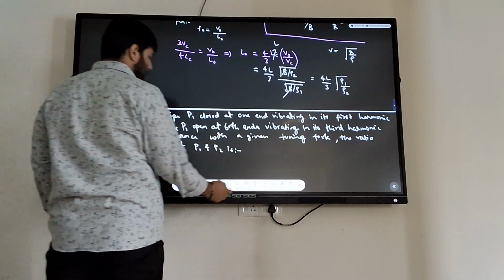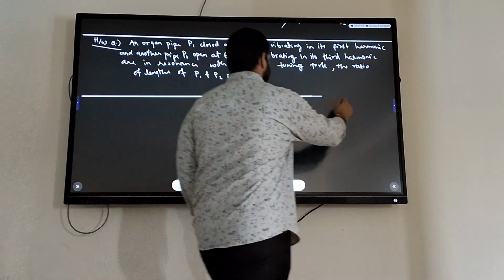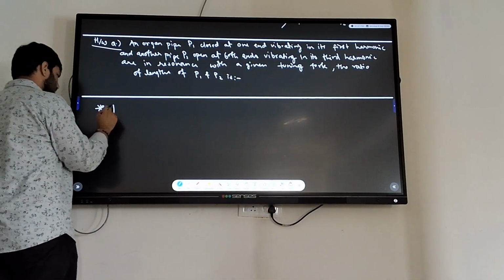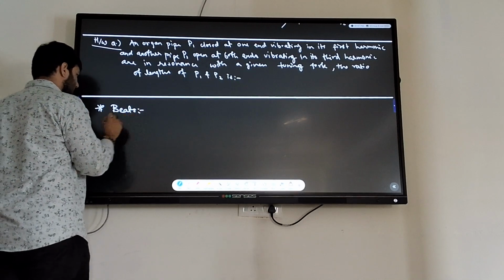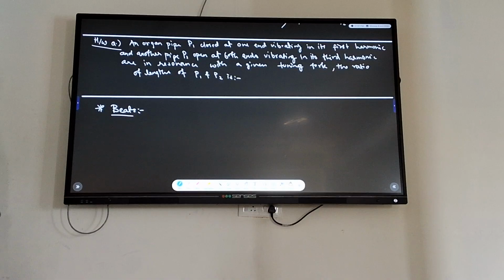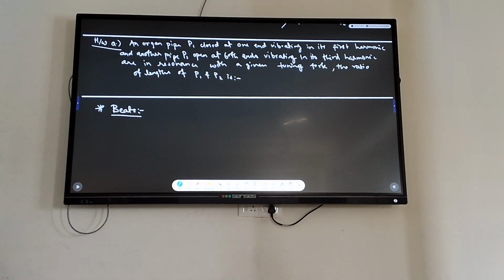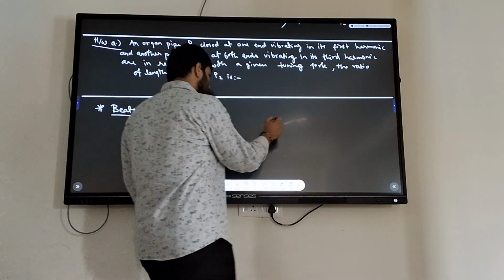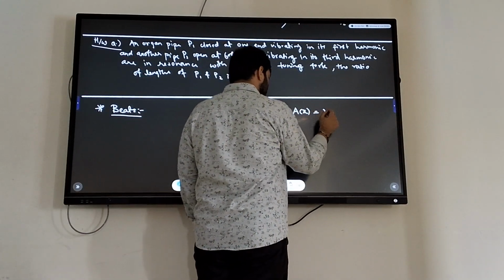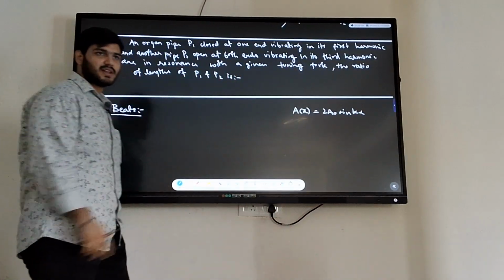Let's start with the new topic, beats. If you remember the amplitude variation that we found for a standing wave, it was something like A(x) equal to 2a0 sin kx.